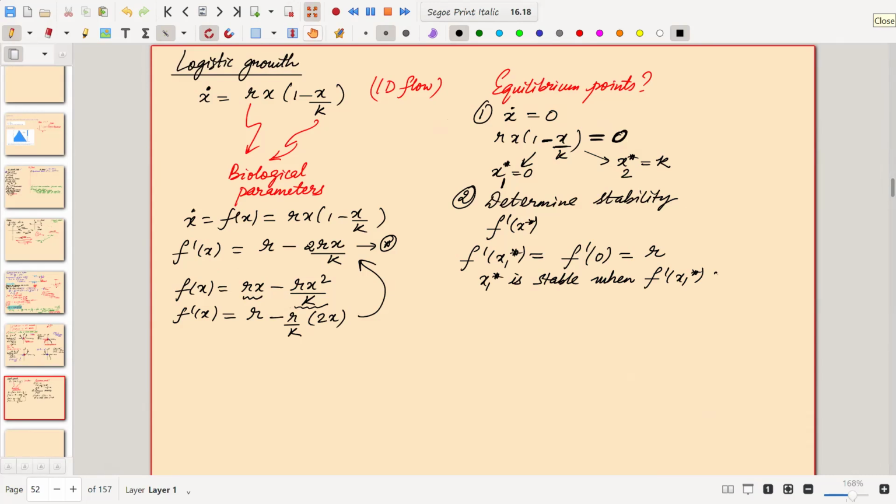For that, r has to be less than 0, because the derivative is nothing but r. Now x1 star is unstable when f prime of x1 star is greater than 0. The derivative is positive, so it is unstable. So r is greater than 0.